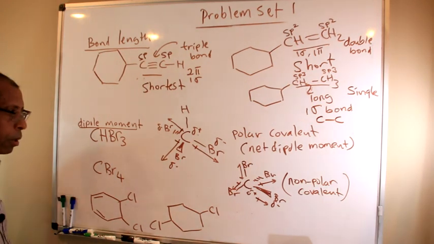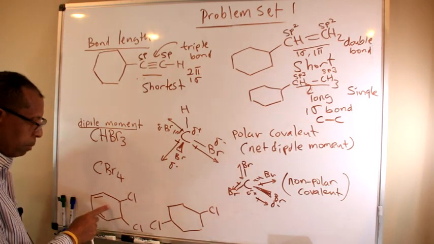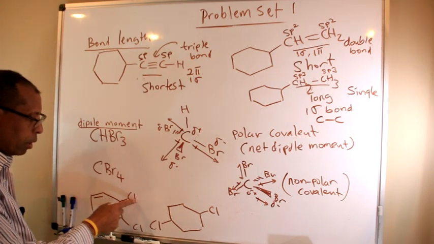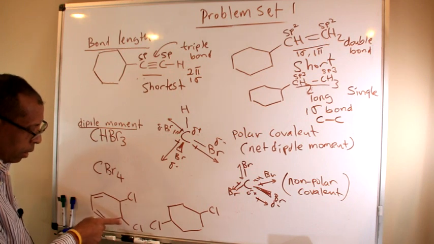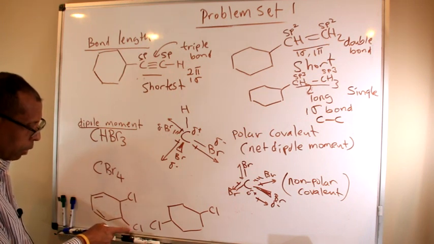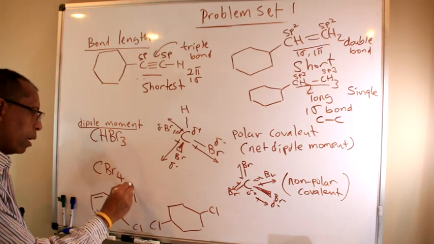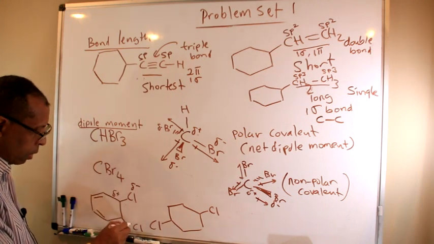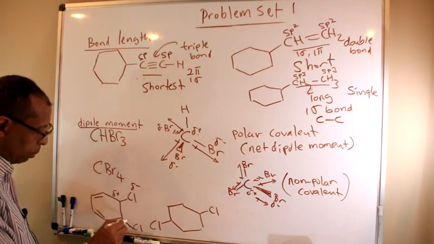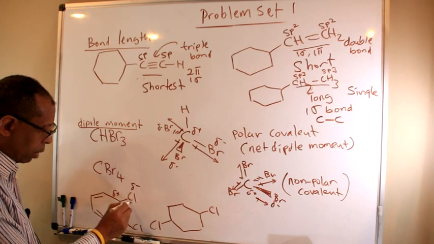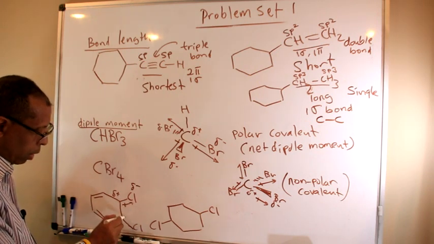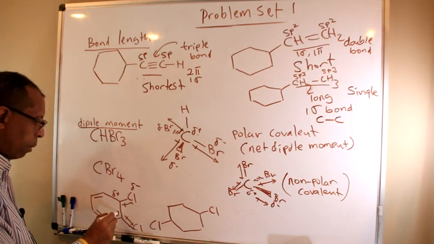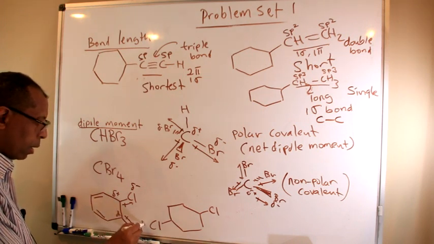Now if we also compare in this molecule, remember carbon-chlorine is a polar bond. Therefore, this carries a delta negative, this carries a delta positive. This is also the same. So the dipole moment points that way, the dipole moment points that way, delta positive, delta negative.